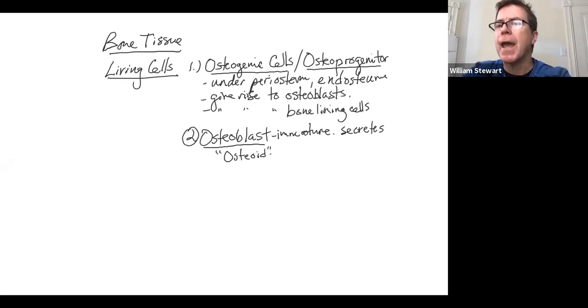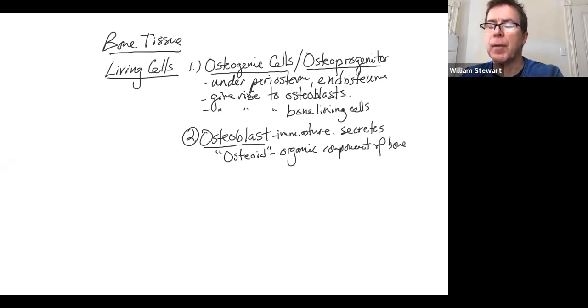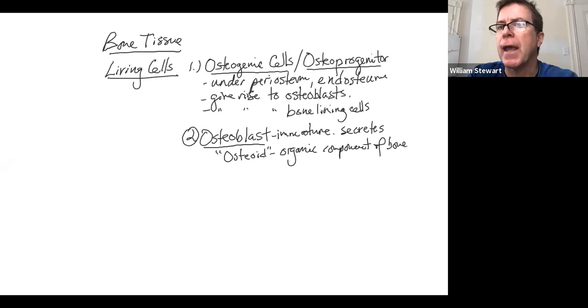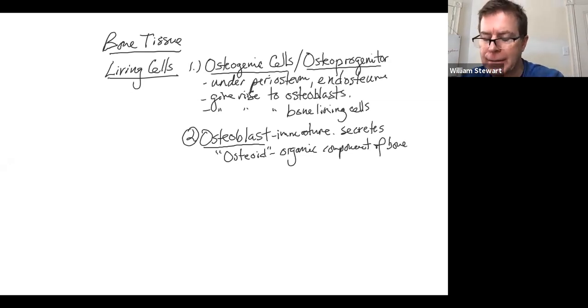Osteoid is the organic component of bone matrix. I'll talk more about that when we talk about bone formation. It's really just calcium binding proteins and collagen fibers. That's what the organic component of bone matrix is.